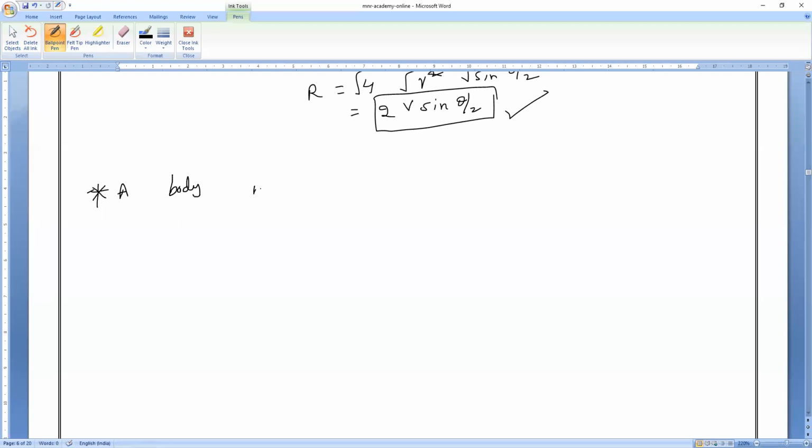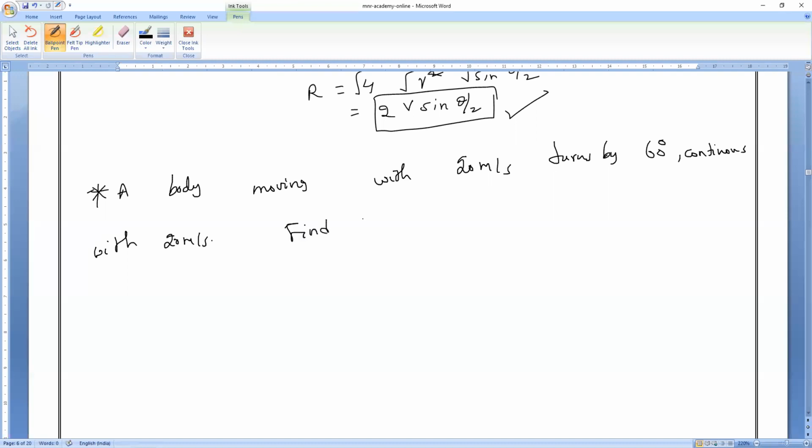A body moving with 20 meter per second turns by 60 degrees and continues with 20 meter per second. Find the change in velocity. I'm giving 1 minute. So find it fast and let me know the answer.